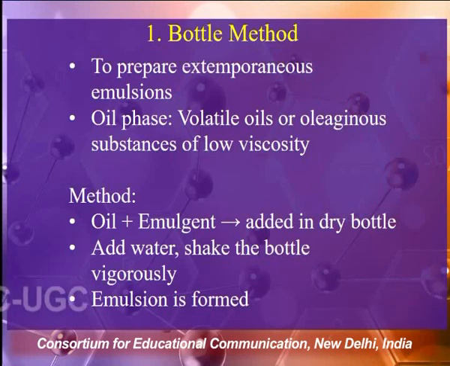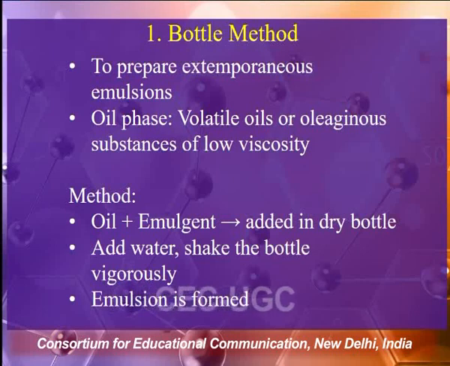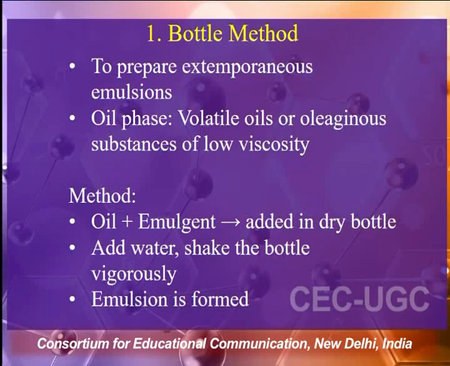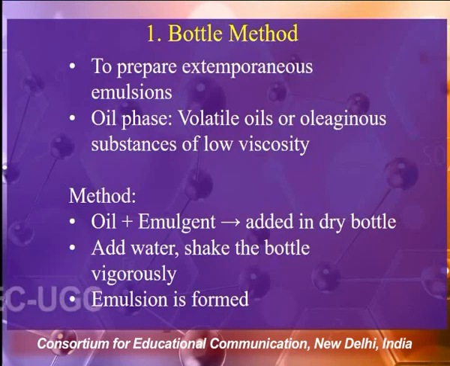Care should be taken that the bottle should be dry, otherwise the proportion of water will get disturbed. Once the oil and the gum have been shaken in a dry bottle, water is added gradually and the bottle is again shaken vigorously. Due to this, the emulsion is formed. So, as specified, this method is of limited utility.